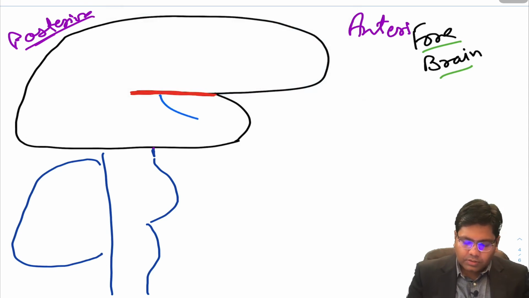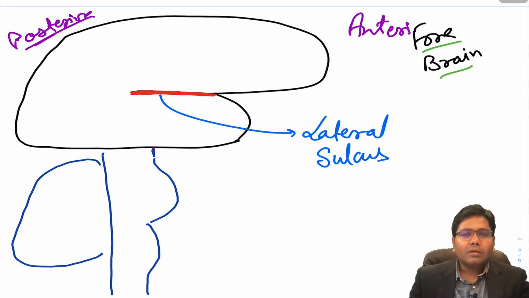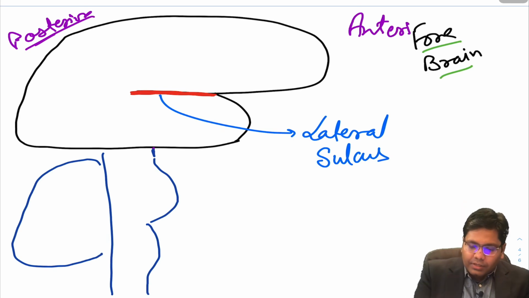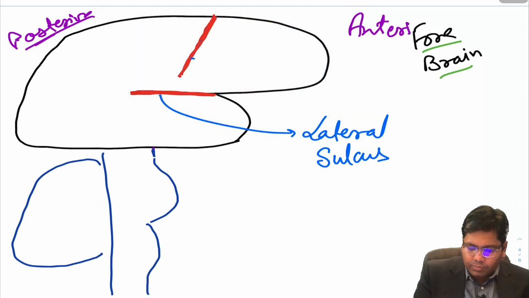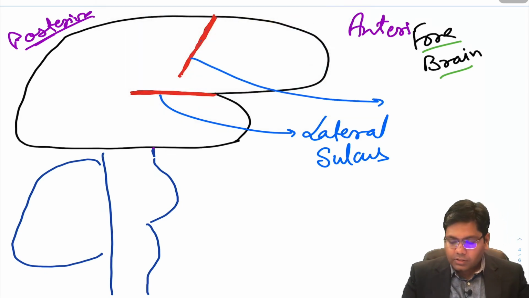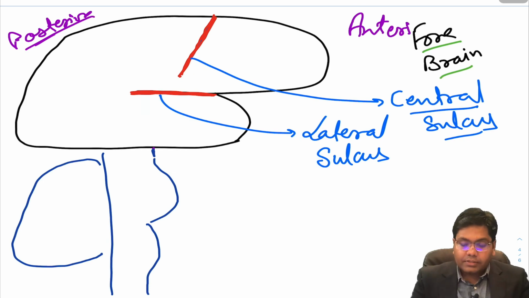This groove in the brain is the lateral sulcus. And there is another groove at this point, which is very famous and very important to know. This is the central sulcus. So this is the central sulcus and this is the lateral sulcus.